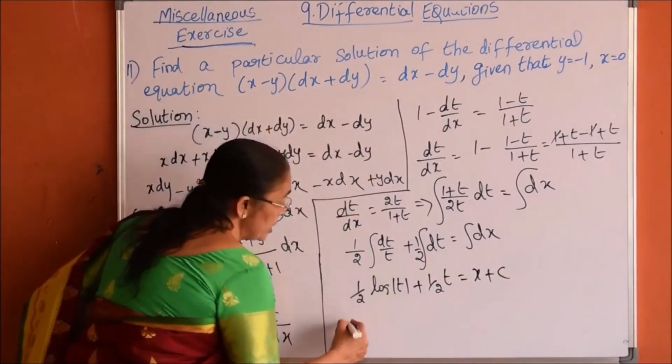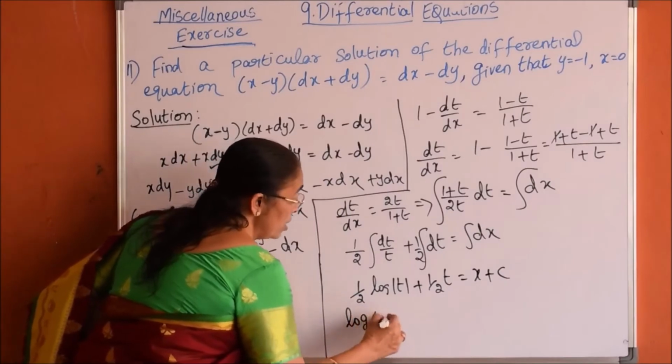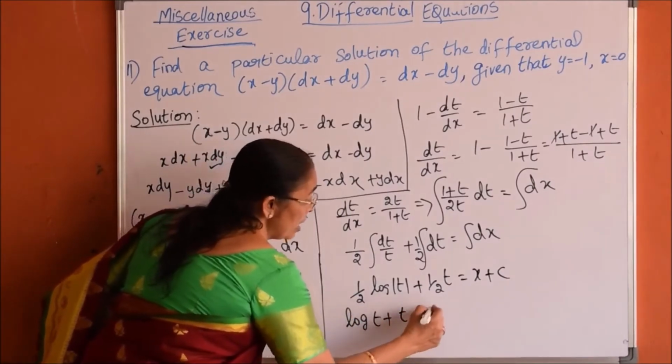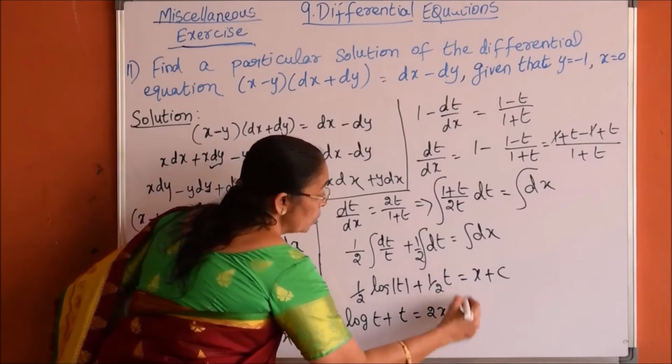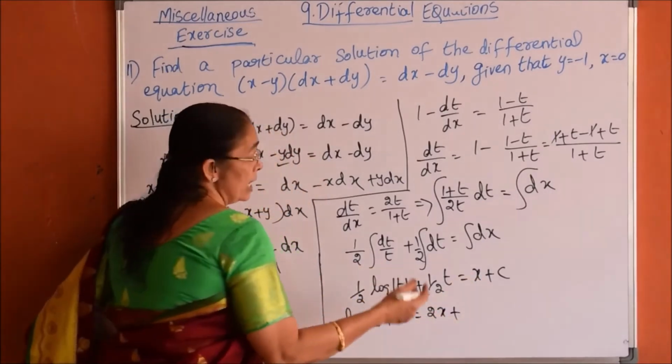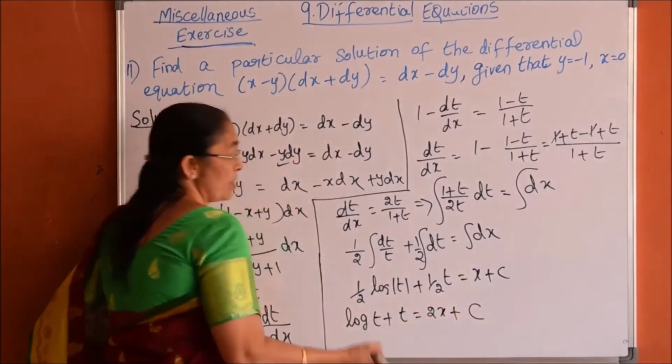Now, this can be written as log t plus t is equal to 2x plus 2c. 2c is again another constant, we can make it c.